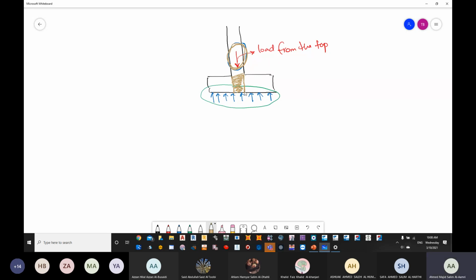It is like I'm holding a paper and keeping a pen on the paper, and I'm trying to push it from the bottom. You will see that this part is going to bend upwards, but the point where the pen is, the concentration of the top load, will not bend. Do you agree with me?